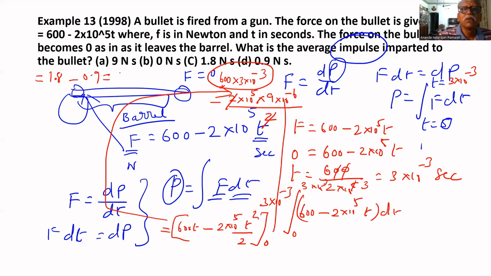That is 1.8 minus 0.9 equal to 0.9 Newton second. Therefore, the average impulse is 0.9 Newton second. Therefore, D is the answer.